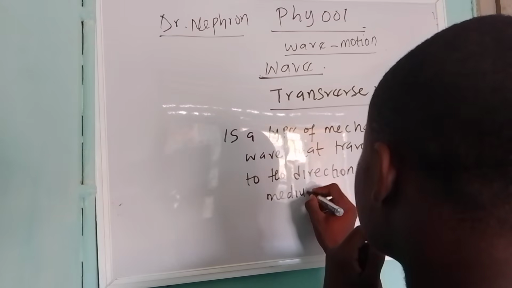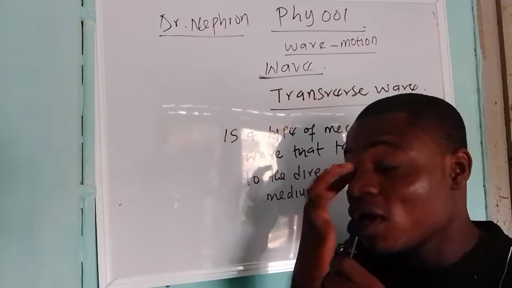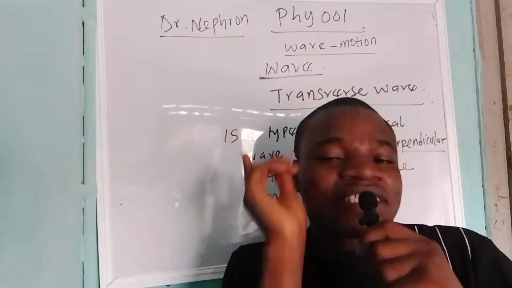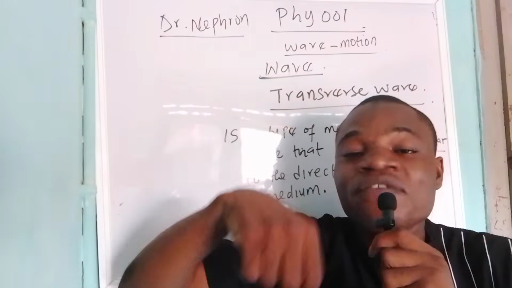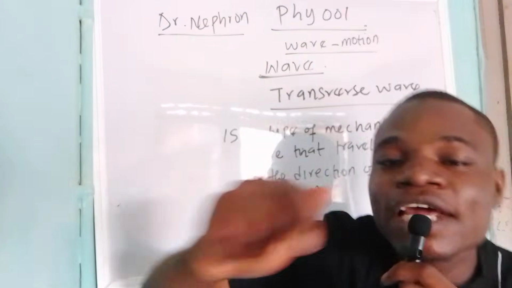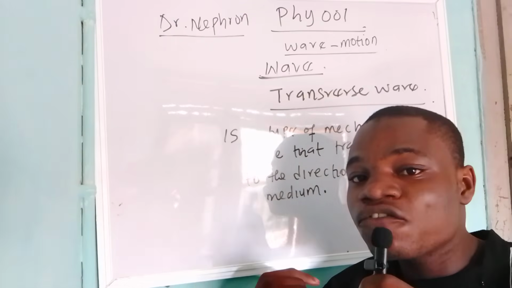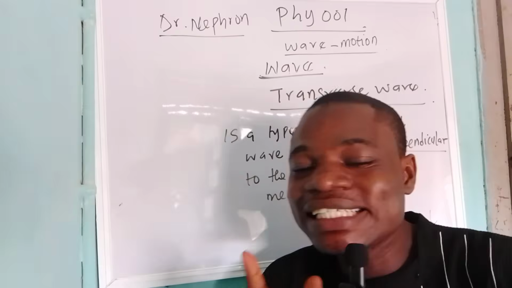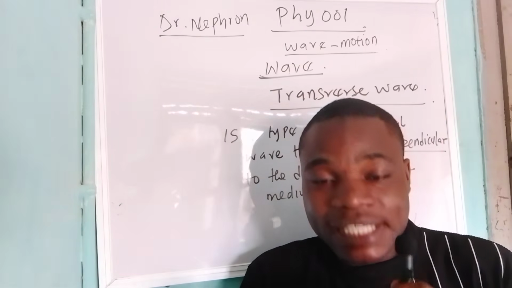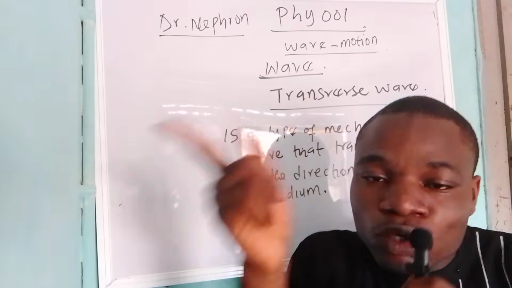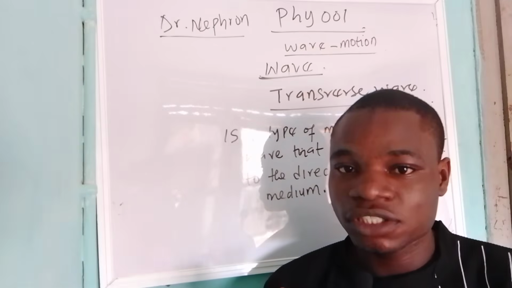The longitudinal wave, I said, is a type of mechanical wave that travels parallel to the direction of the medium. But this one travels perpendicular, at a right angle, 90 degrees, perpendicular to the direction of the medium, not parallel this time around. Do you get it now?